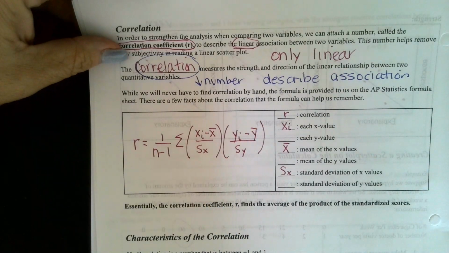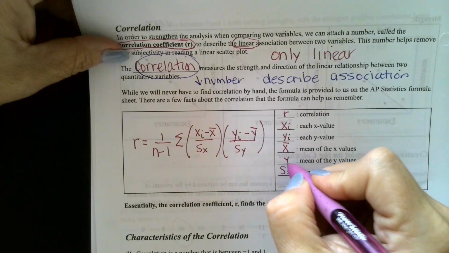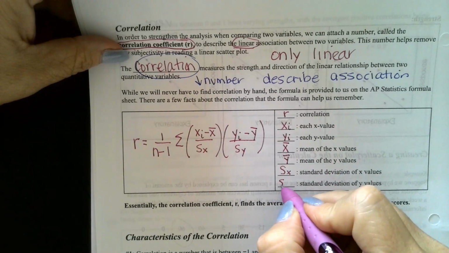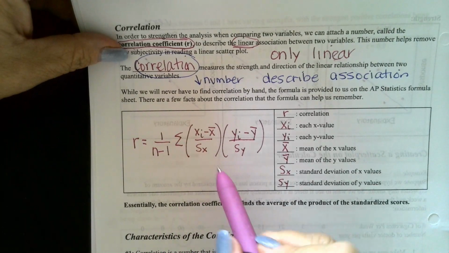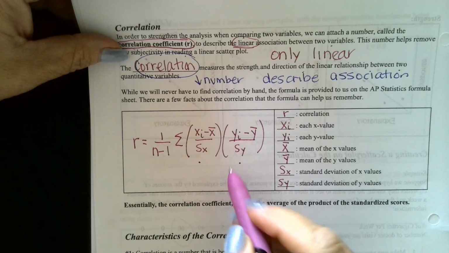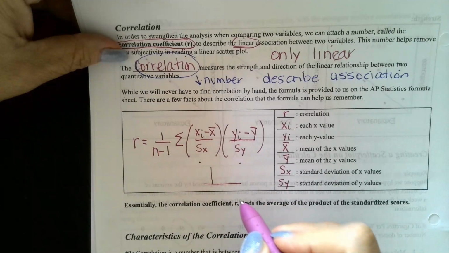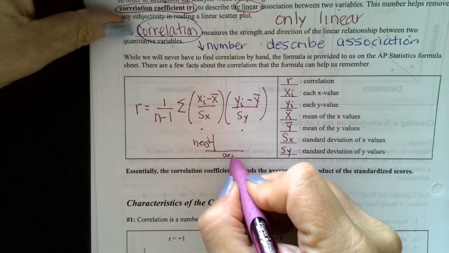If you look at this, these are our y values. So we have our y sub i, which is each individual value, our mean in the y direction, and our standard deviation in the y direction. So remember, this is bivariate. We have our x variables and our y variables, because we have two different axes comparing two different things. So we have height and arm length.